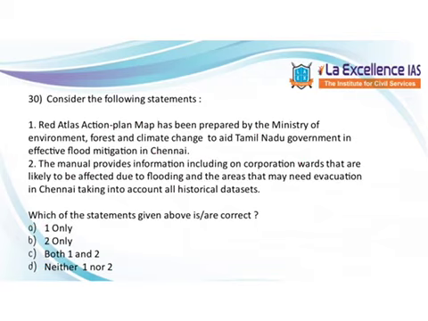The next question is about the Red Atlas Action Plan. See, this Red Atlas Action Plan is prepared by the Ministry of Environment, Forest and Climate Change. It's not prepared by the Ministry of Environment, it's prepared by the Ministry of Earth Sciences. So therefore statement 1 is wrong. Then the manual provides information including the corporation wards that are likely to be affected due to flooding and the areas that may need evacuation in Chennai, taking into account all the historical database.